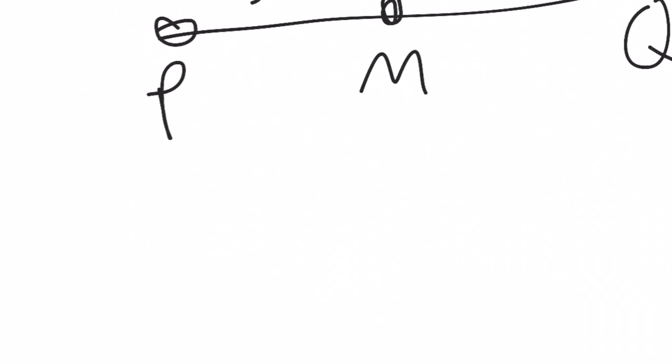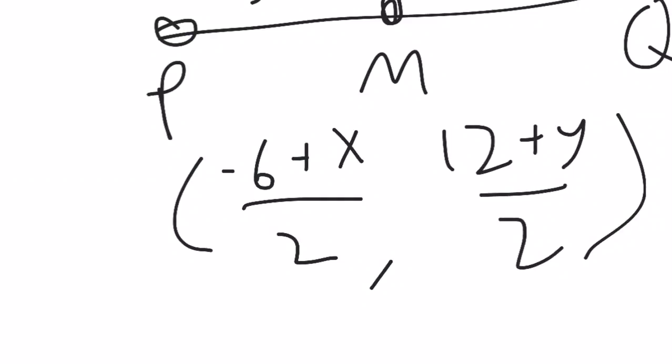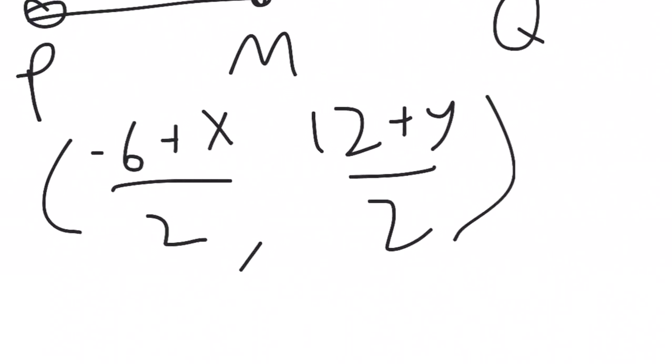So what you do is you can set up the midpoint formula, -6 plus the other x-coordinate divided by 2. And then 12 plus the other y-coordinate divided by 2. That equals the midpoint of 8, -2.